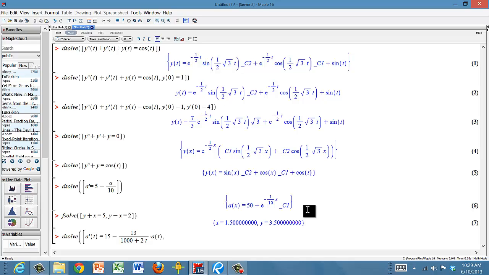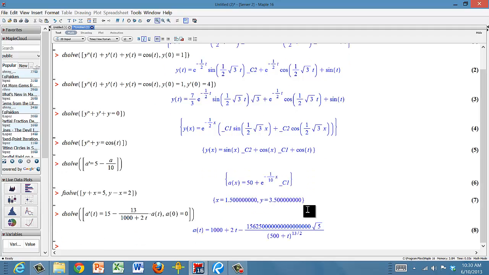And our initial condition, if you read the problem, it said we had 1,000 gallons of pure water, so there was no salt at time 0, so A of 0 should be 0. And that's it. And there's your solution.